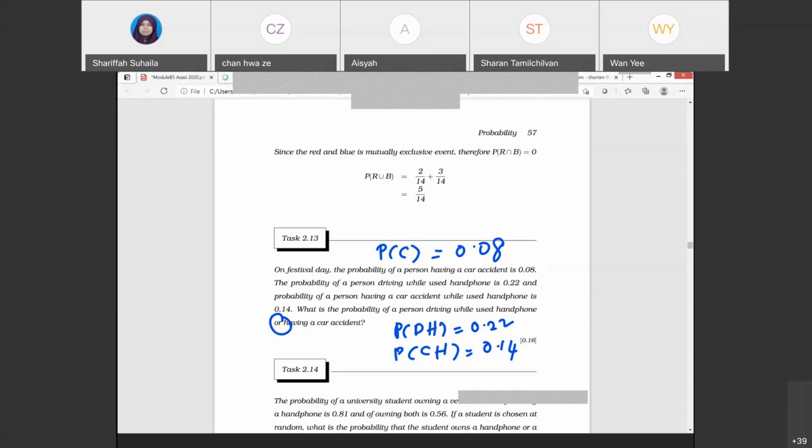So you will have 0.22. And the next one, you have having a car accident, and also driving. The answer you should get is 0.16.